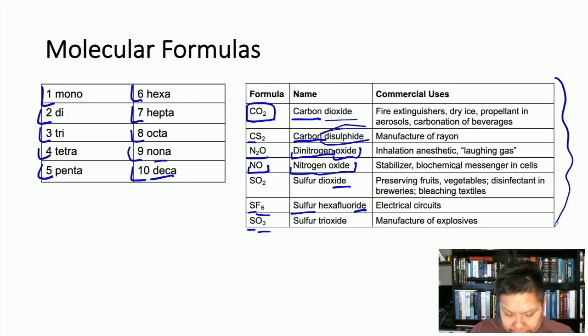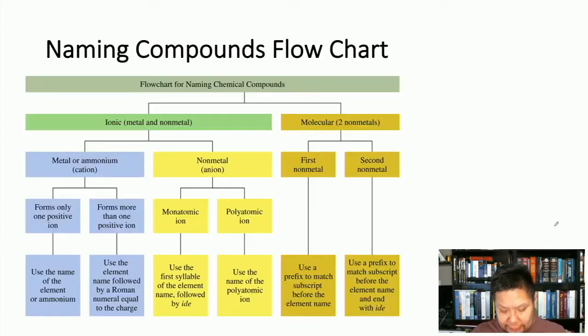So the next slide is just a handy dandy flow chart that helps you name compounds, both ionic and molecular, right? So let's go down the flow chart and go over to ionic, right? Ionic is always between a metal and a nonmetal, right? And the metal, or ammonium, is always known as the cation, right?